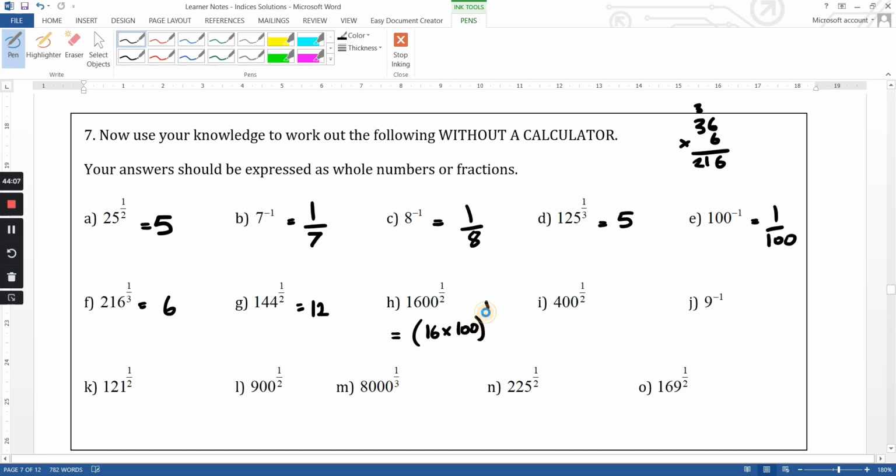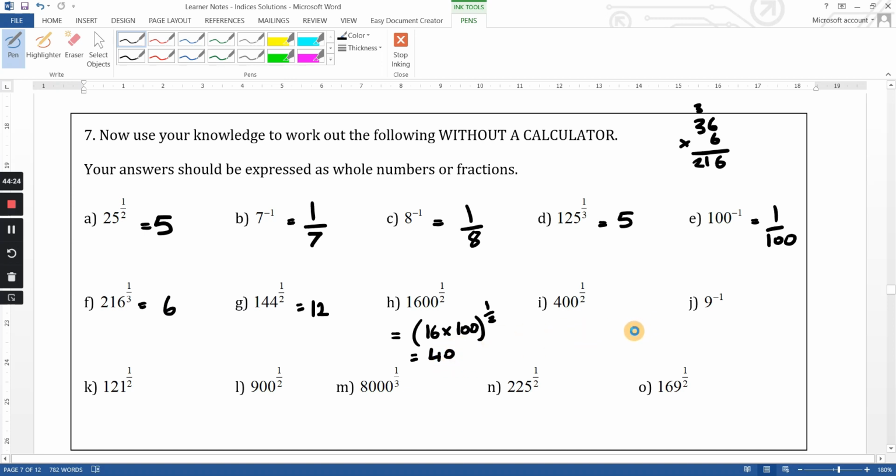And we've got power half, so that's going to give me square root of 16, which is 4, square root of 100, which is 10. It's 4 times 10, which is 40.